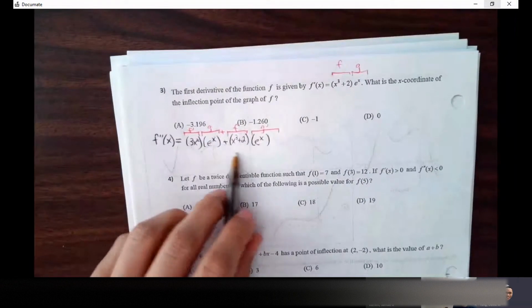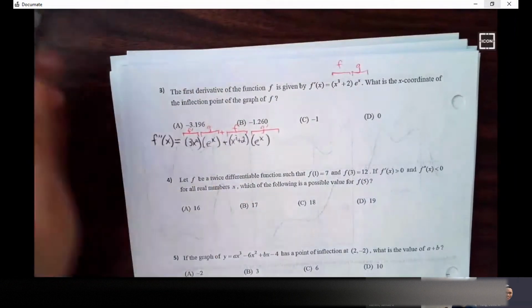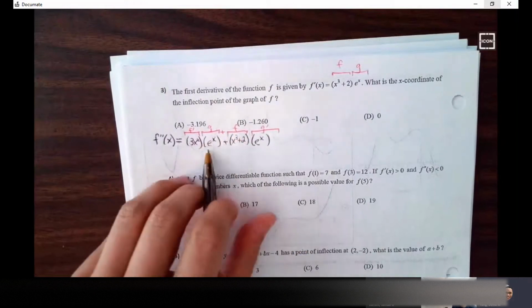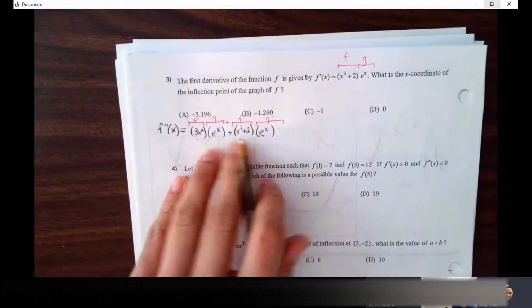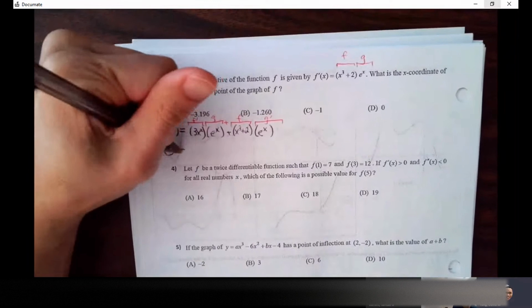So we want to know, when is there an inflection point here? We have x cubed, x squared. It's going to be tough for us to go through any factoring step. So I think the best thing to do is let's just plug this in the calculator and see if it actually hits 0.